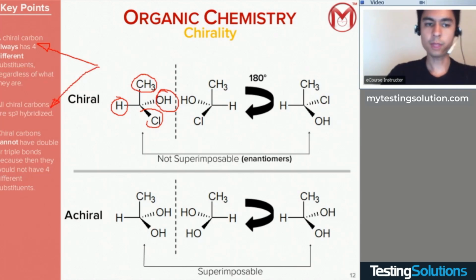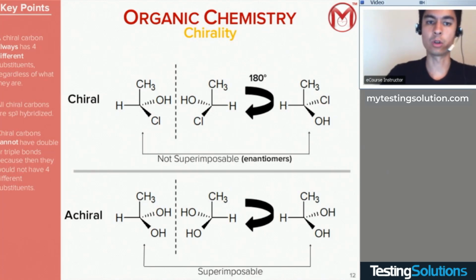And it needs to be sp3 hybridized. Now, the fact that it's sp3 hybridized means it's going to have 4 substituent groups. Okay? It has to have 4 single bonds. It can't have any double bonds. And each one must be different. So those are my conditions for chirality for carbon atoms.